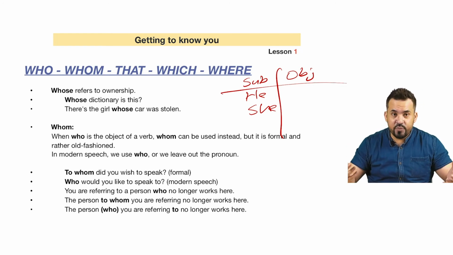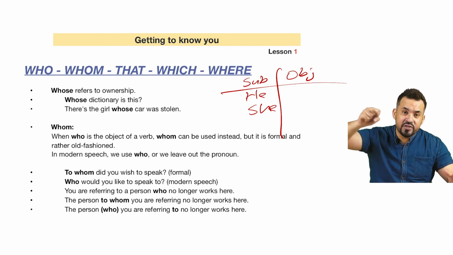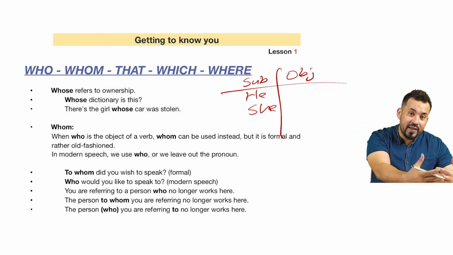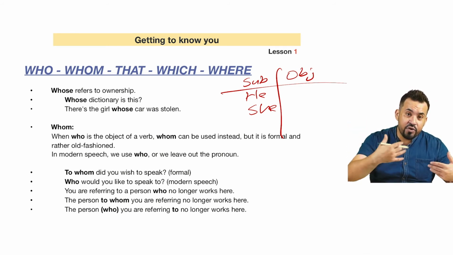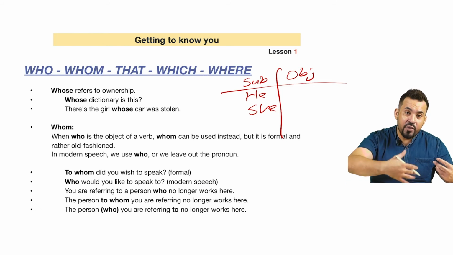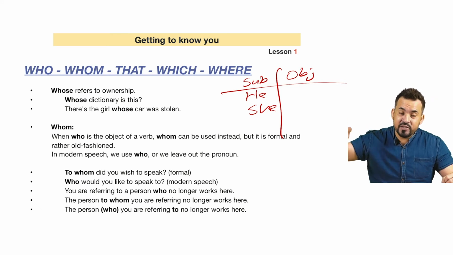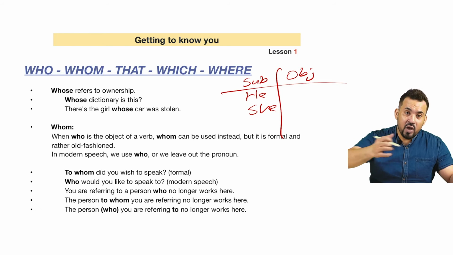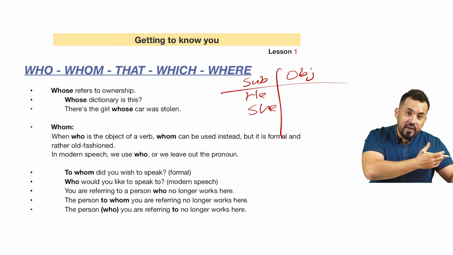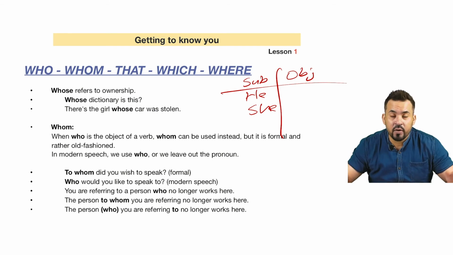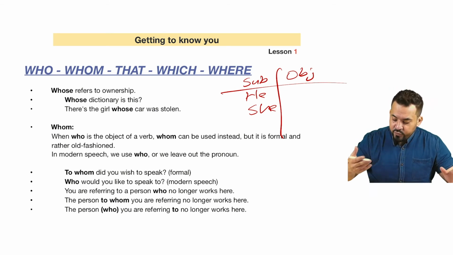Those are all subject pronouns. With subject pronouns, you remove the subject, the person who is doing the action in the sentence, and you replace it with a pronoun that refers to that person. So, for example, if I say Alex is watching TV, I will replace it with he is watching TV. Or if I say Samantha is at work, I will say she is at work. So those replace the subject.